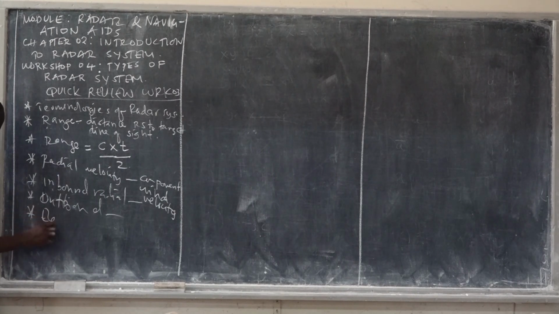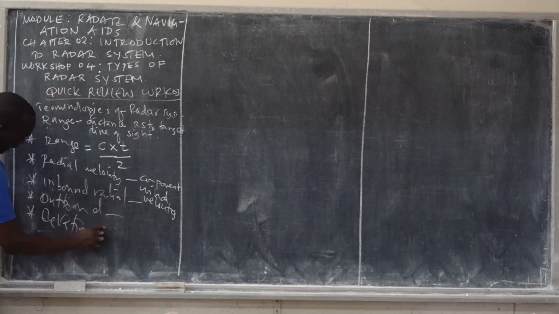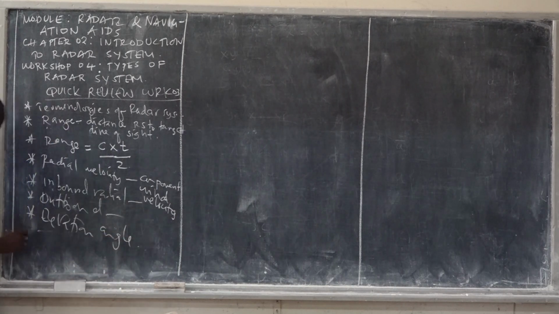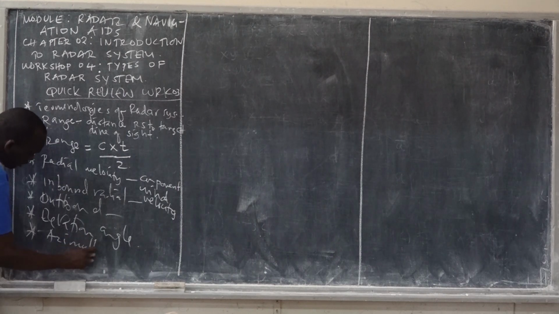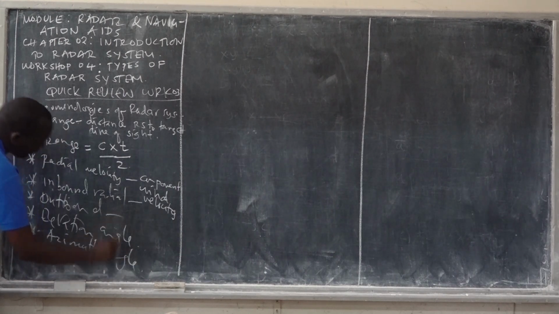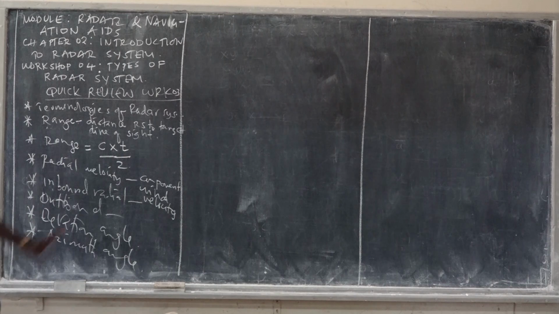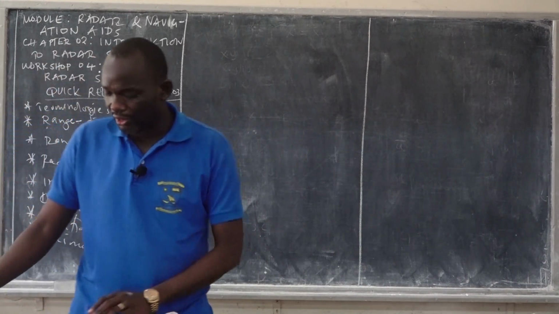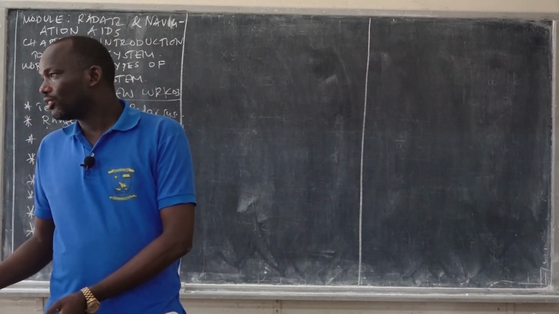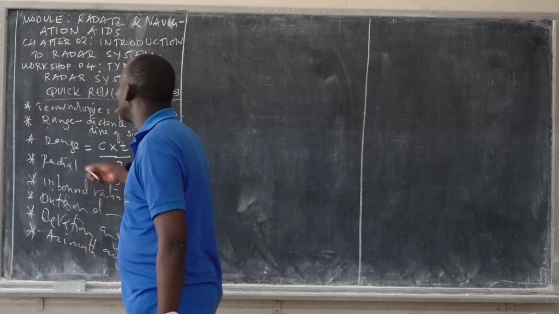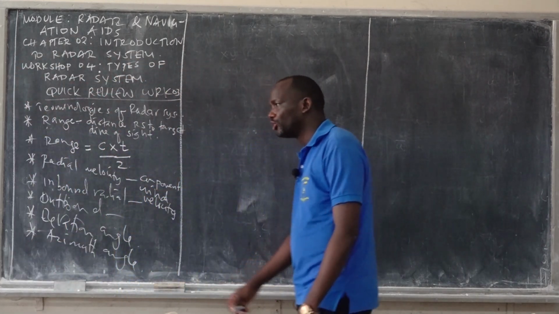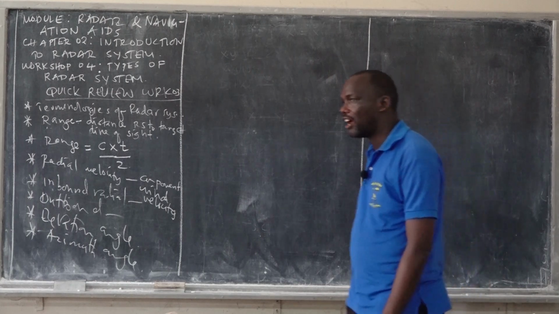Then another terminology is elevation angle. Another parameter we discussed is azimuth angle. So we discussed a lot of information. This is just a summary and quick review. In case you missed it, access workshop 3, titled the Terminologies of Radar System.